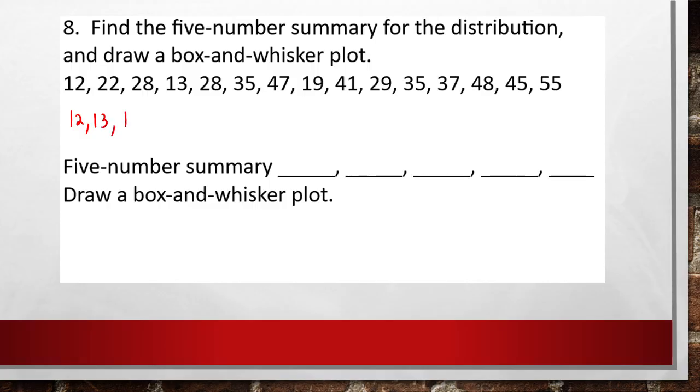Then 19. Then the next number, 22. And if we keep looking, we have 2 28s. And then we have a 29. And the next number in order, we have 2 35s.